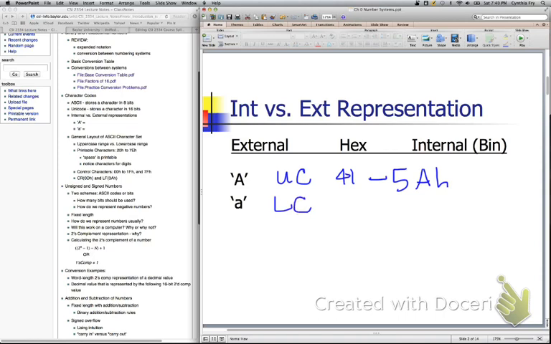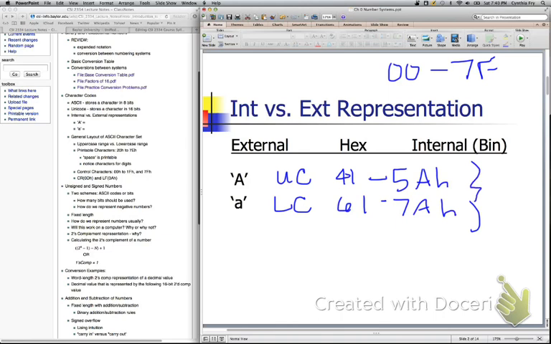Lowercase goes 61 to 7A. Now, remember we said this goes from 00 hex to 7F. So I'm still missing several hex values in the midst here.